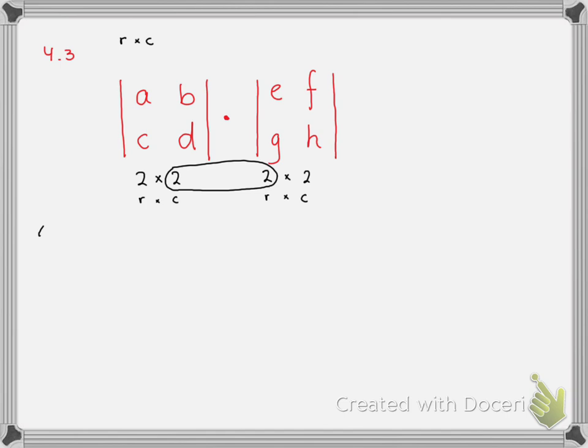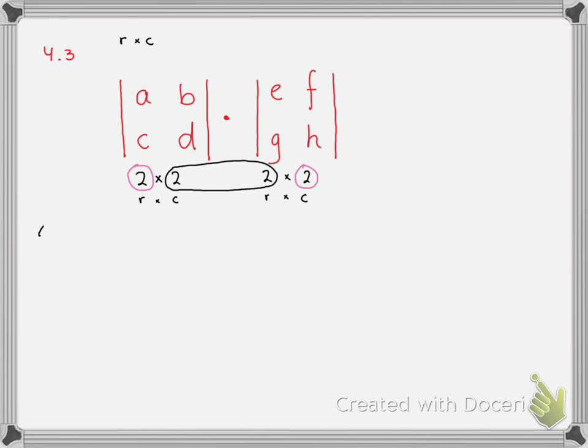And the product matrix that you will get will have the dimensions of the other 2 numbers. From this characterization of our dimensions, we know that the column and the row are both 2, so multiplication is defined. When we multiply, our solution matrix is going to be a 2 by 2.